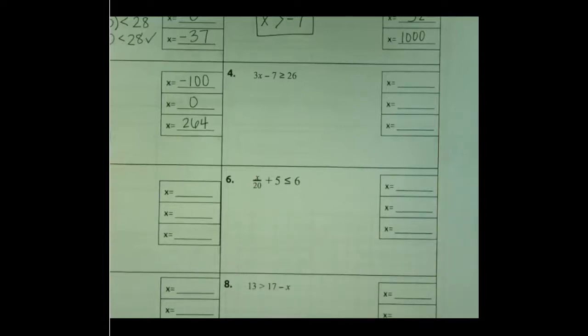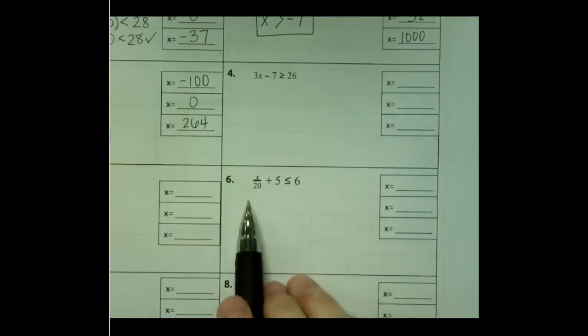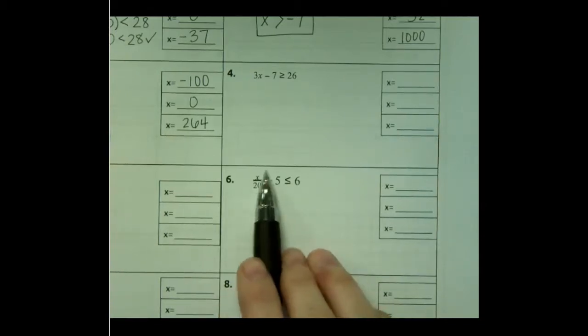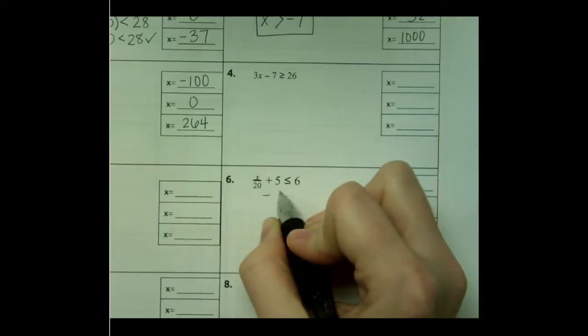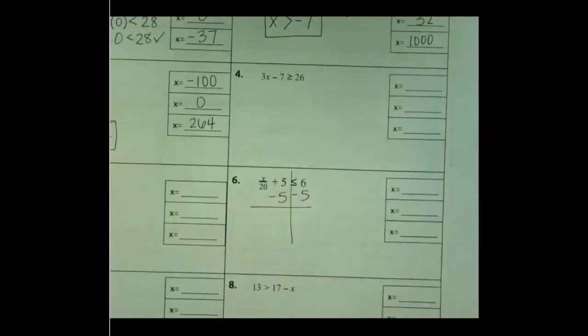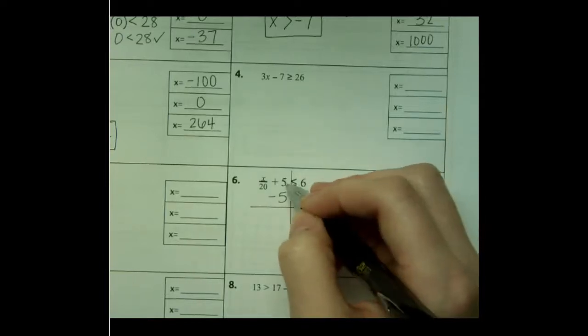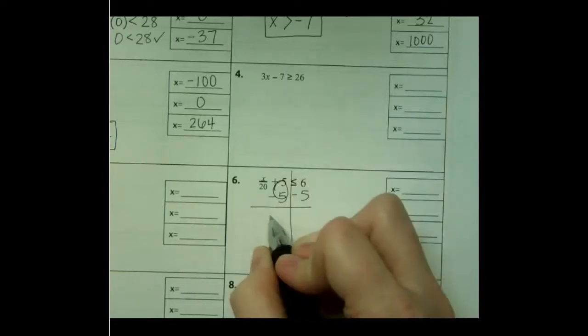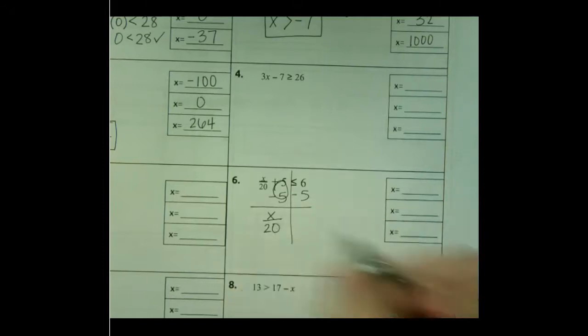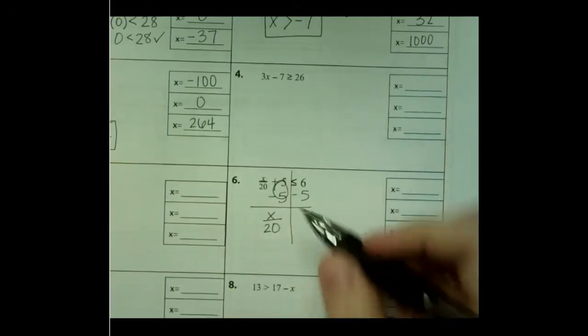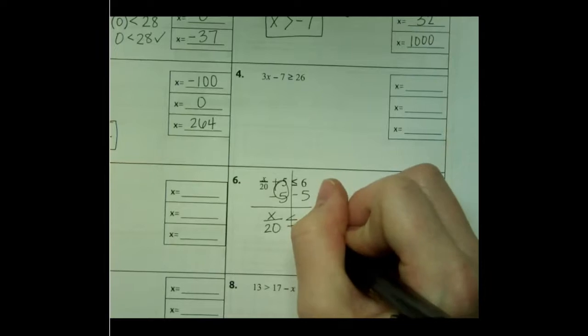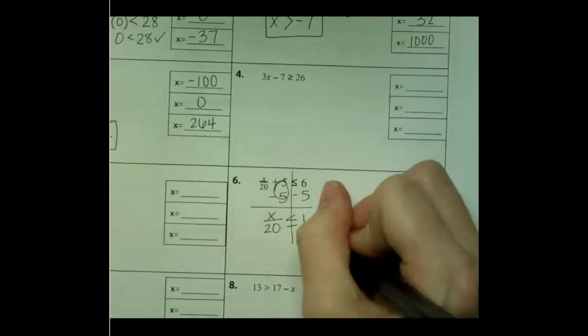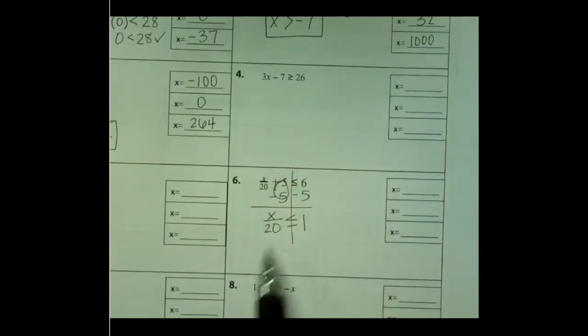So the first thing I'd like to do is get rid of this 5. The 20 is still attached to the x. So to get rid of adding a 5, the inverse would be to subtract the 5 on both sides. So 5 and minus 5 turn into a 0, so I'm left with x divided by 20. Then I have less than or equal to 6 minus 5 is 1. Now I have an x divided by 20.